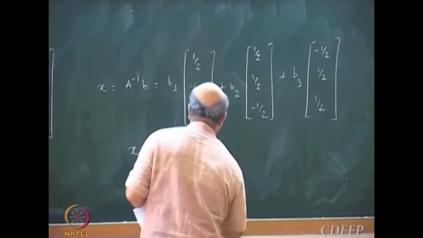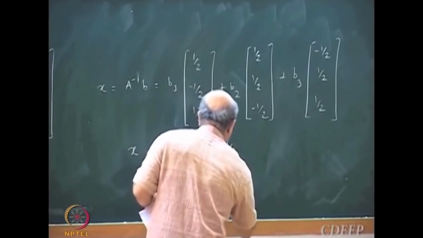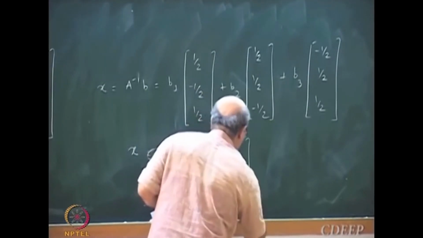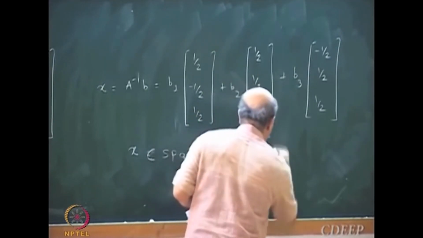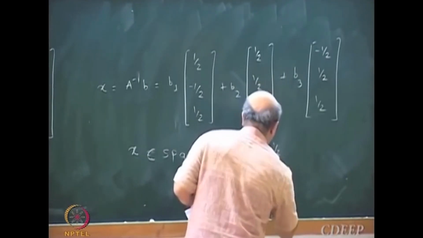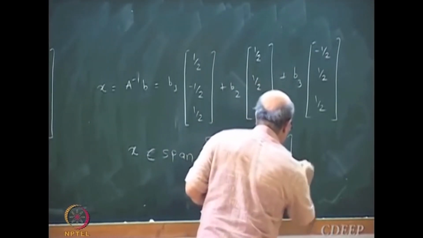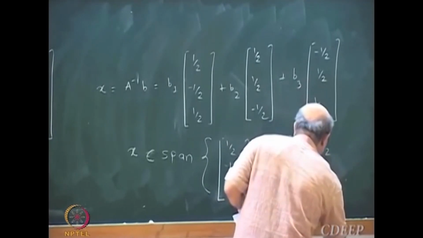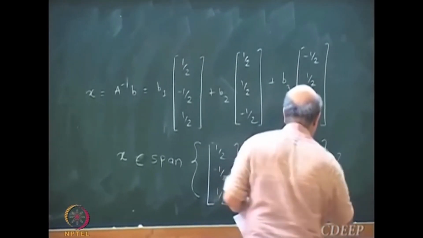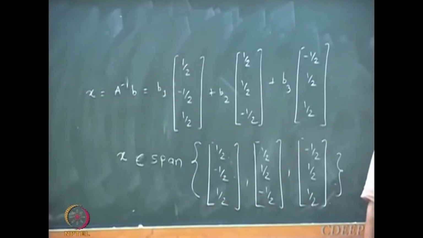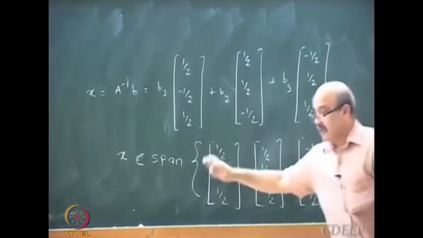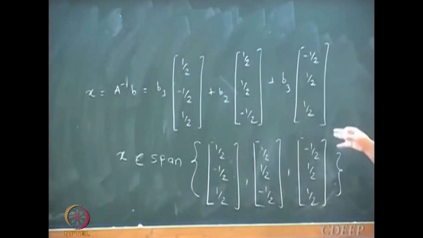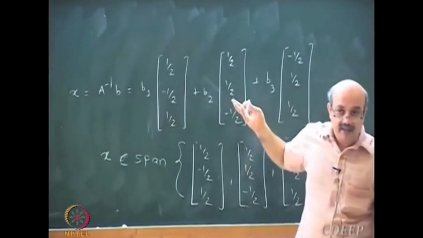So x belongs to the span of (half, minus half, ...) and (minus half, half, ...). The solution actually belongs to the span, all possible linear combinations, right?